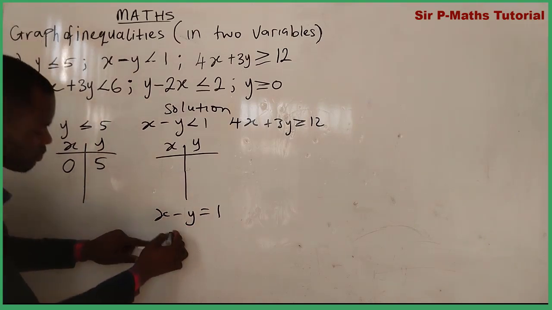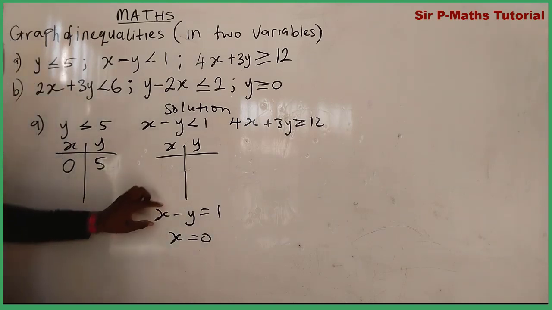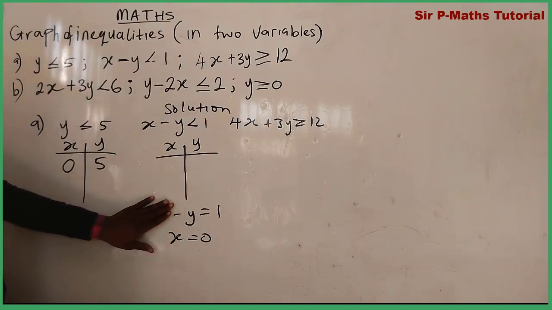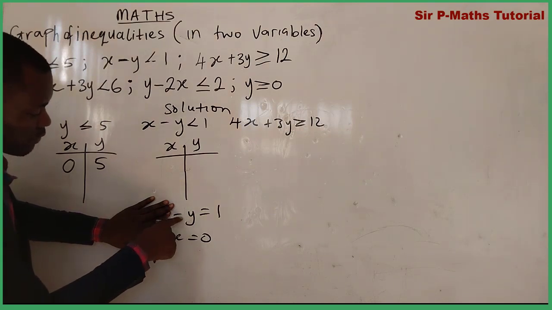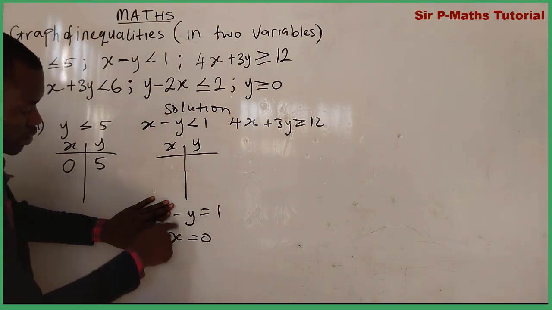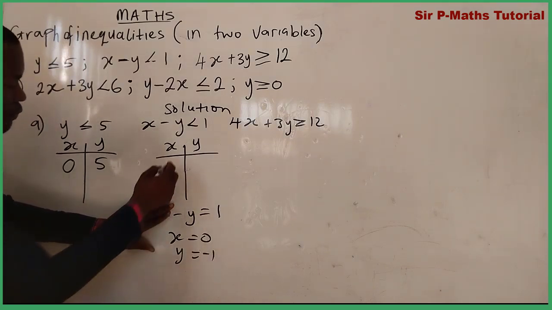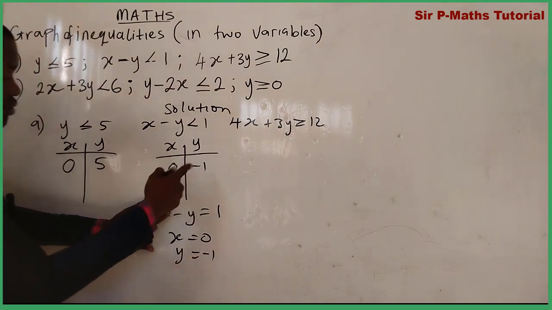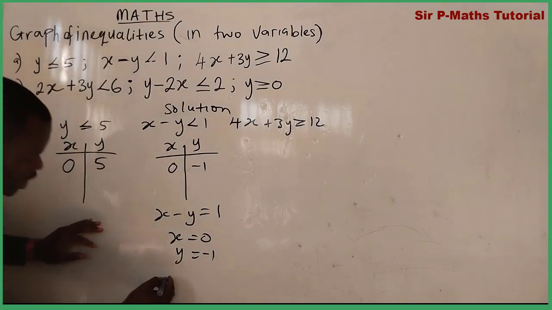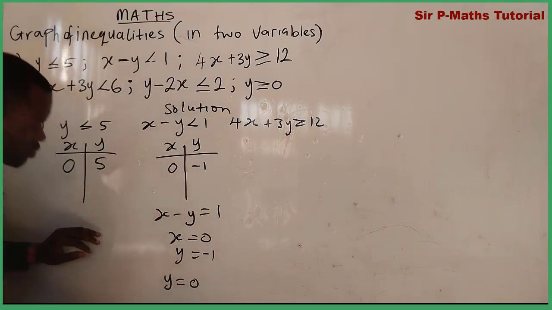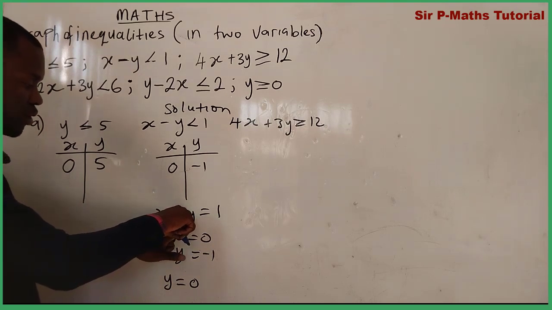Alright, so let my x be equal to 0. If I put 0 for x, that means x is gone. To get y, I will divide both sides by -1, which will now give me y equal to -1. So I'll fill my table with 0 and -1. Then if my y is equal to 0, that means I'll substitute 0 for y.